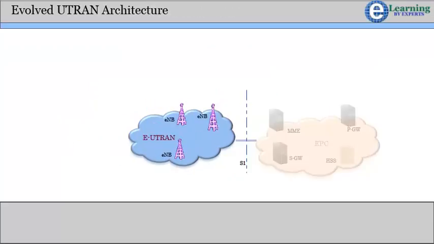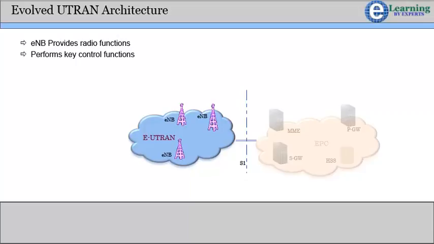The evolved UTRAN consists only of cell sites, or evolved Node B, ENB. In addition to providing radio functions, the eNode B performs some key control functions including scheduling of the air link resources or radio resource management, active mode mobility or handover, and admission control for services.